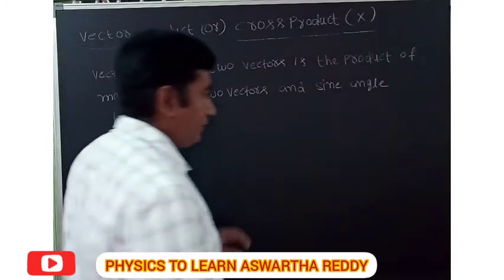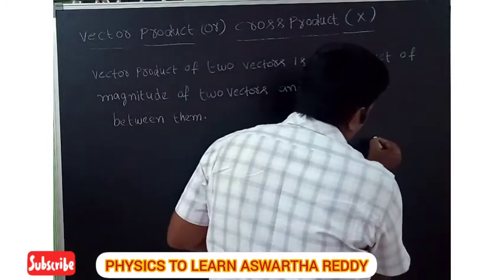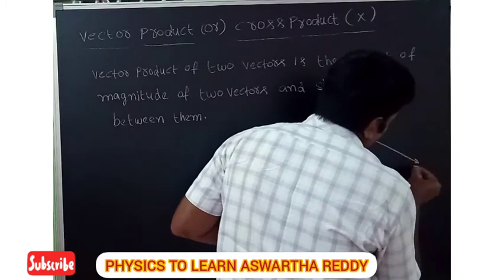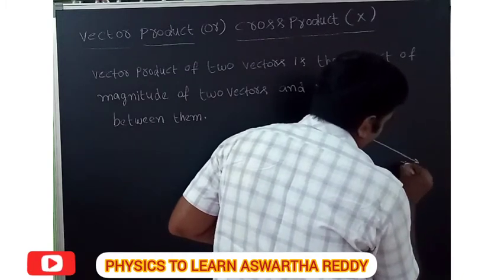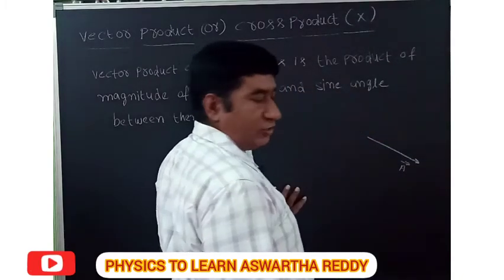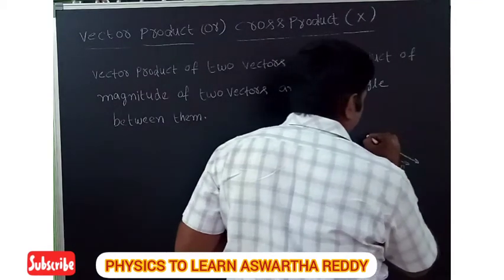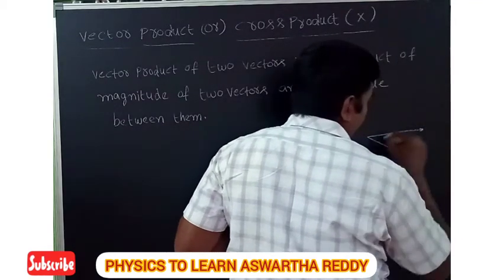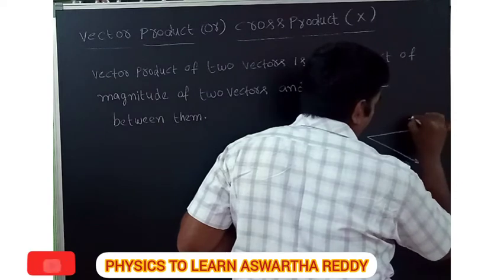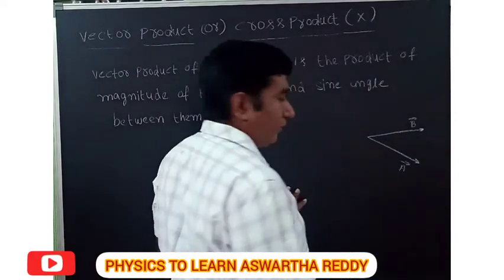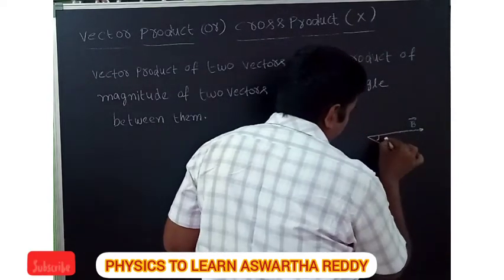So let us consider one as A vector, which has both magnitude and direction, and one more vector which I take as B vector. Here the angle between them is theta.